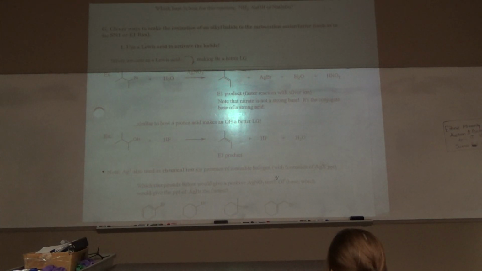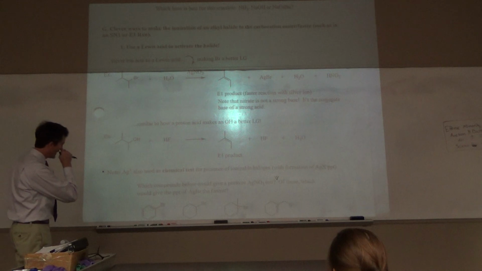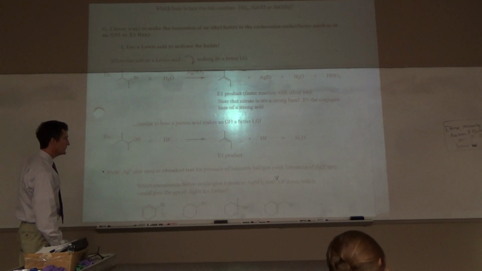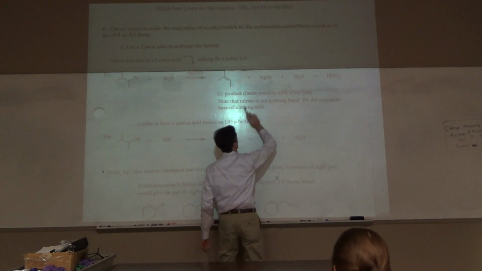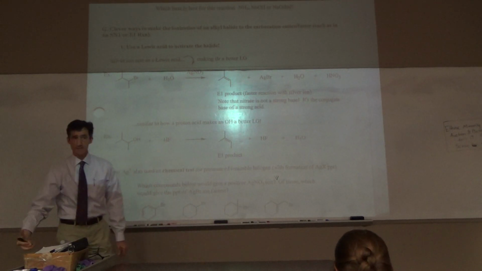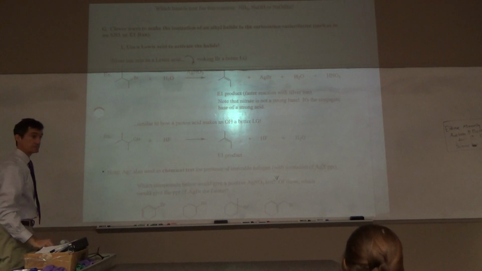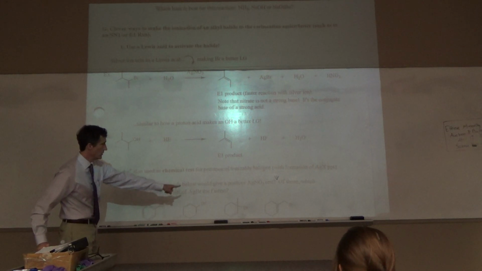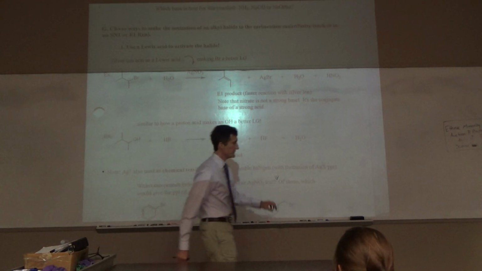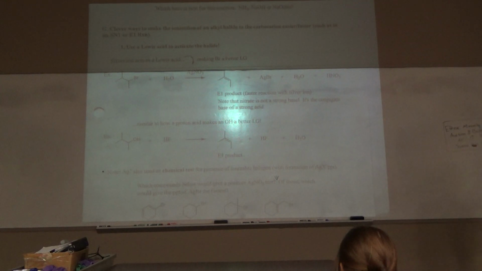It can be used as a chemical test because the silver halide precipitates, something you can see. You say, ha, I got a precipitate. Which compounds below would give a positive silver nitrate test? That is, would give a precipitate with silver nitrate.